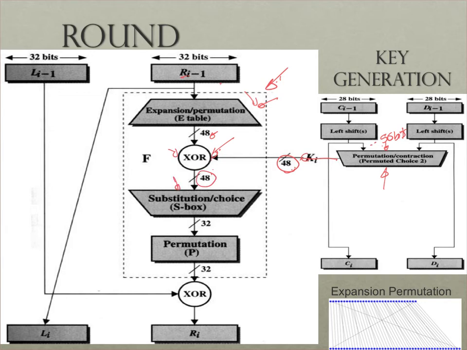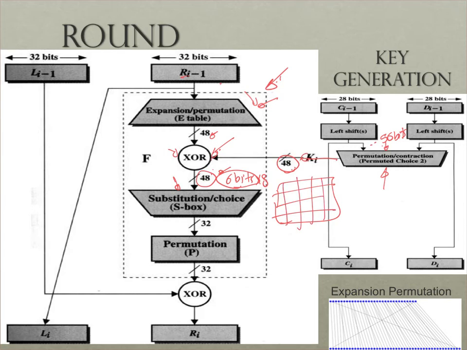Then we do what we call the S box, or substitution box. This S box is nothing but a substitution for each 6 bits, which we convert into 4 bits. We take the output 6 bits at a time, which means we have 6 bits times 8. Each 6 bits is converted to 4 bits by using a lookup table that has columns and rows.